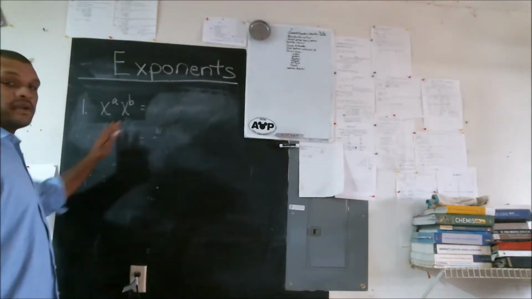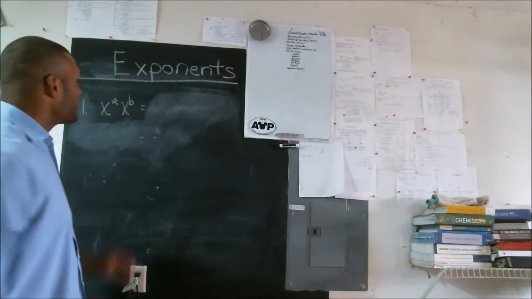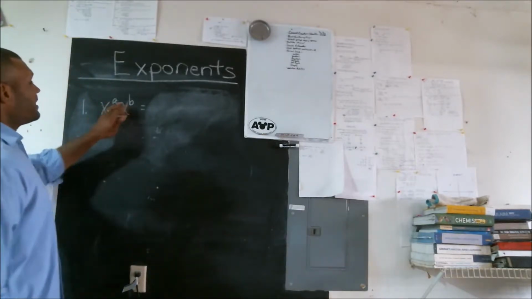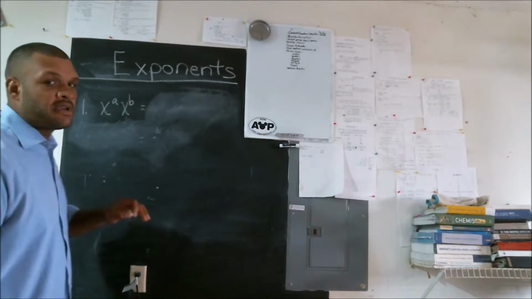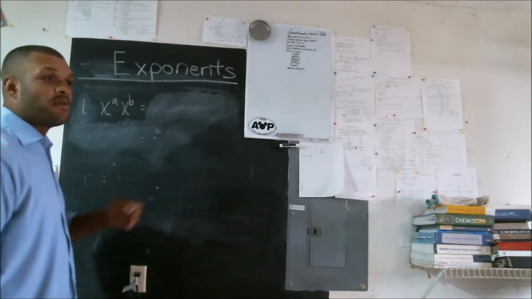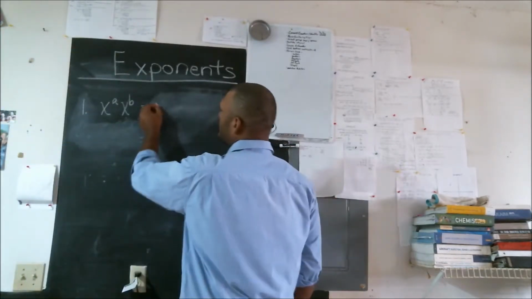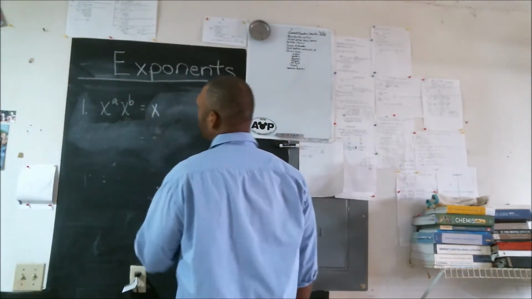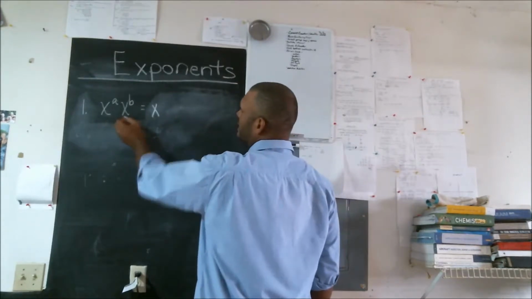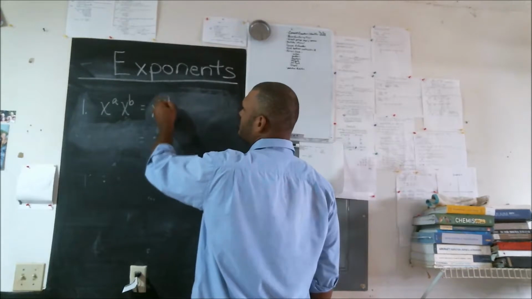First, when we're doing the product with the same base, we have the same base x and different exponents, and those exponents are a and b. What we're going to do here is really simple. We'll take the same base, move it over here, and add these exponents together.